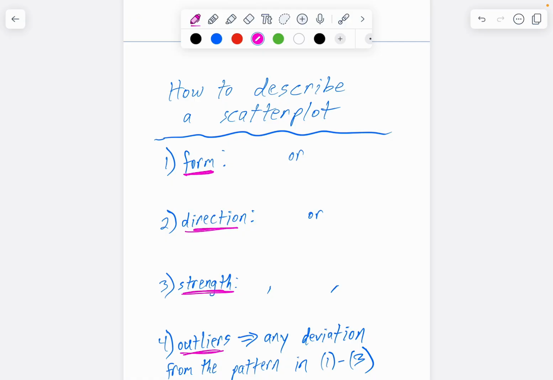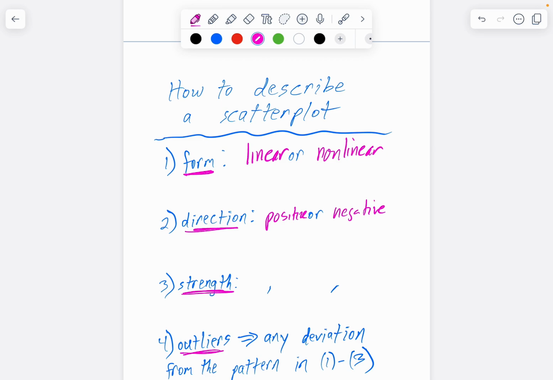So in going back up to form, we are going to be in this unit pretty focused on relationships that are linear, but we might see some relationships that are nonlinear in nature, like the one about the diamonds, which showed some exponential growth.